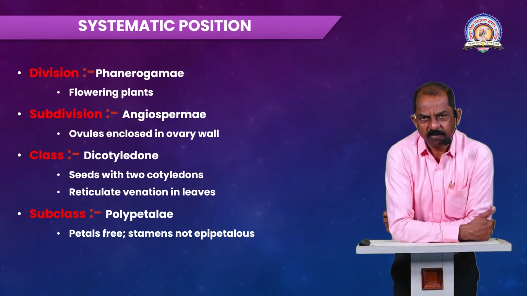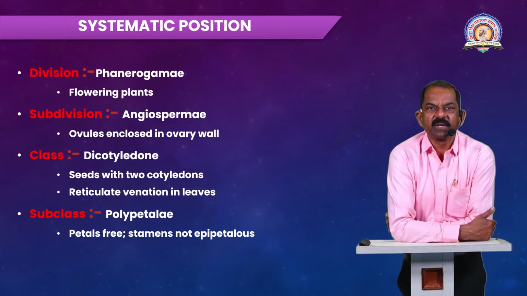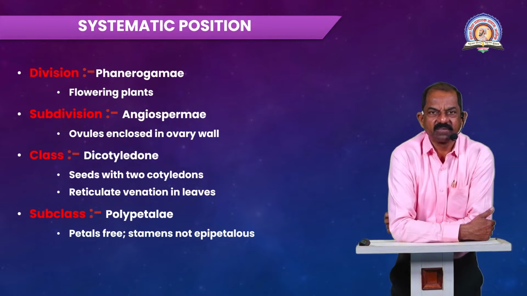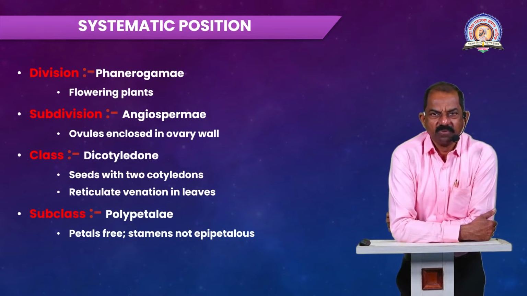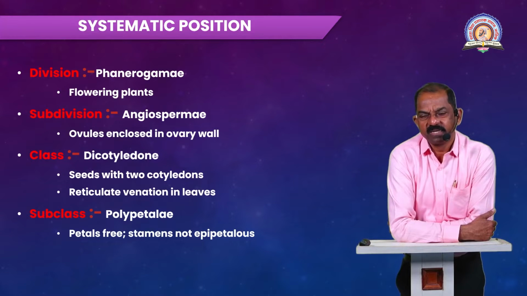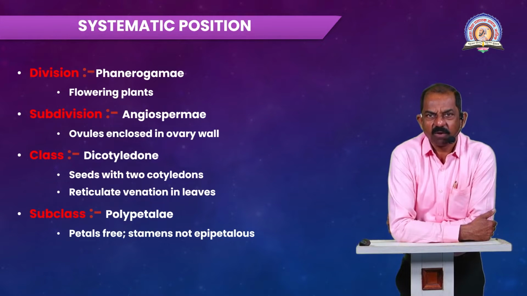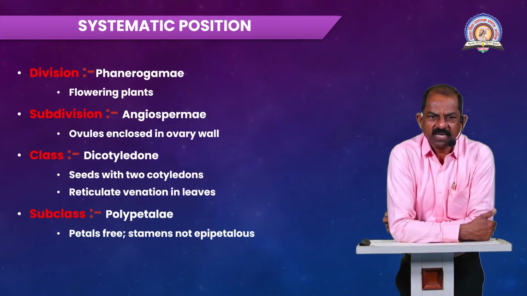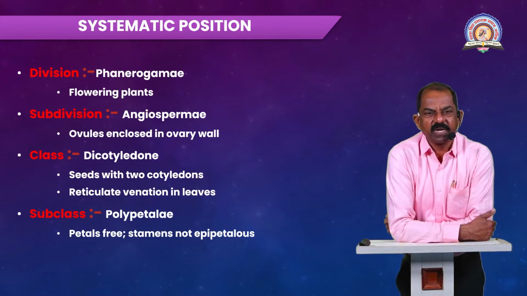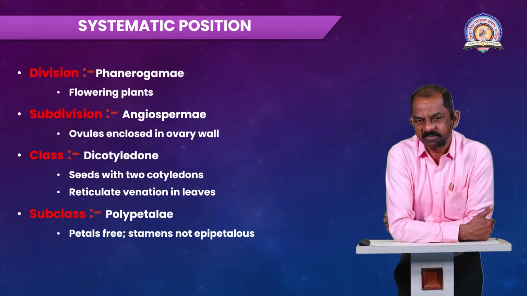We know that the plant kingdom is divided into two divisions. The first is Phanerogams, the second is Cryptogams. Phanerogams are the flowering plants, and Cryptogams are the non-flowering plants. All angiosperms are classified under the division Phanerogams.